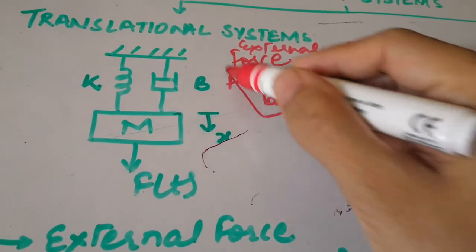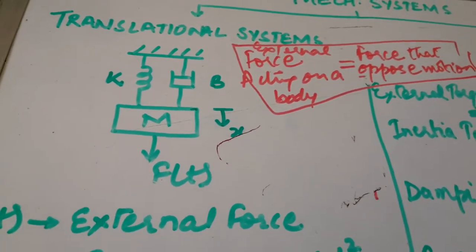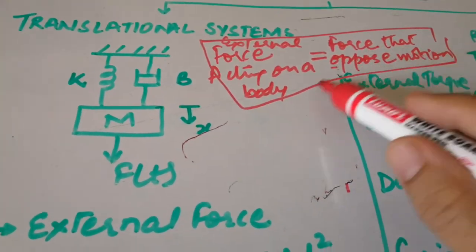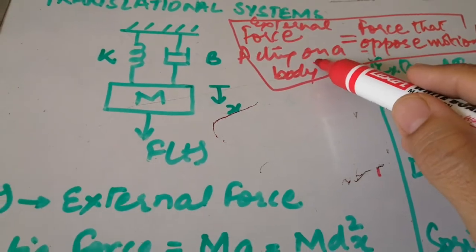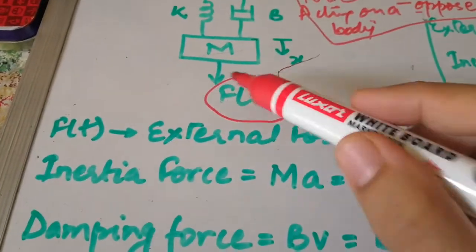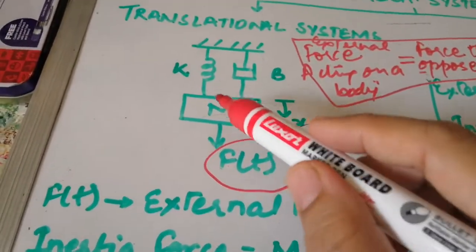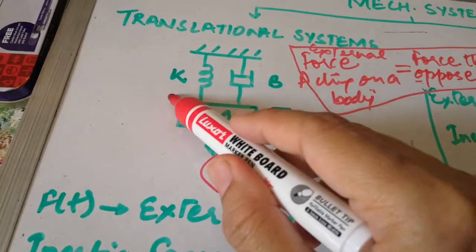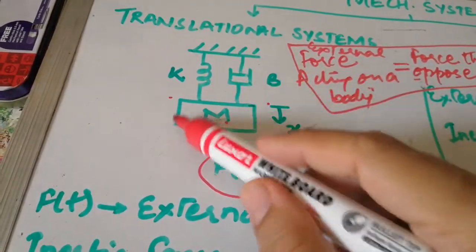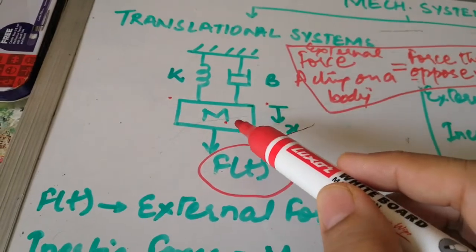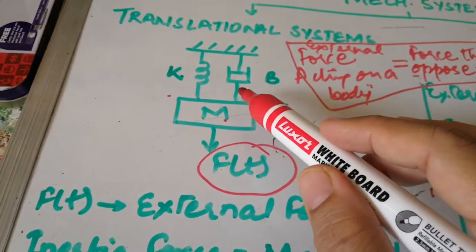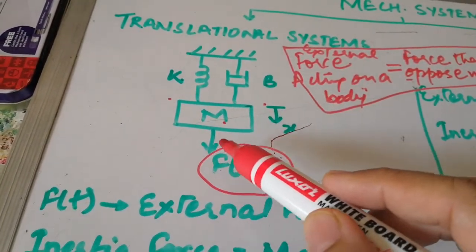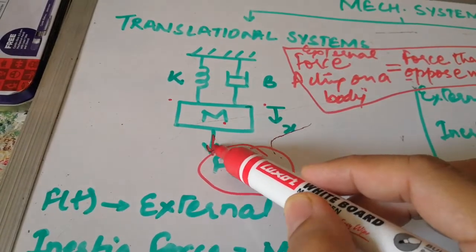So this principle is called D'Alembert's principle. According to this principle, the external force acting on the body is this Ft, and all these forces, that is Ma, Kx and Bv, are acting against the external force. They want to stay in their initial state, so they all act in the opposite direction to the applied force.